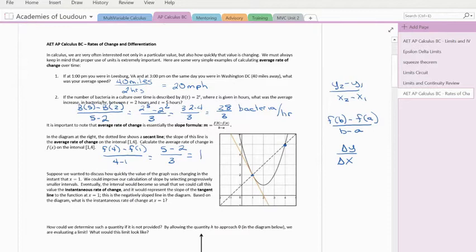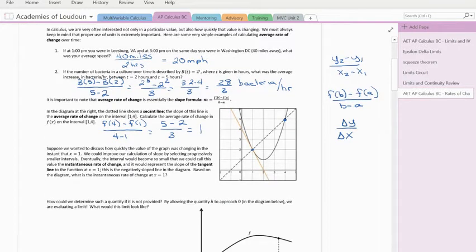Now, suppose we wanted to discuss how quickly the value of the graph was changing in the instant that x is equal to 1. We can improve our calculation by selecting progressively smaller intervals. Eventually, the interval becomes so small that we call this value the instantaneous rate of change, which is the slope of the tangent line. In this case, it is the negatively sloped line in the diagram.